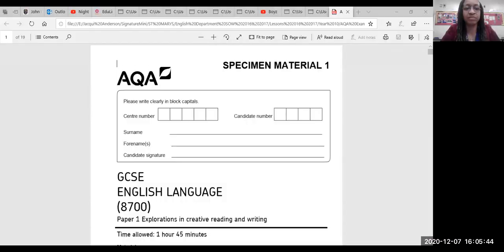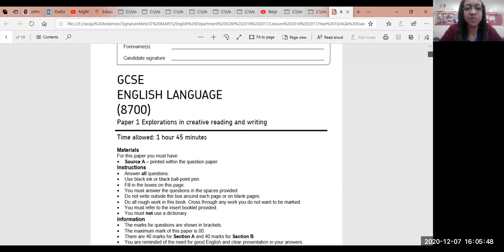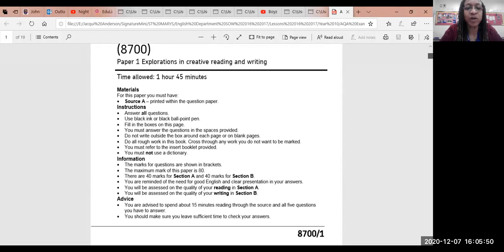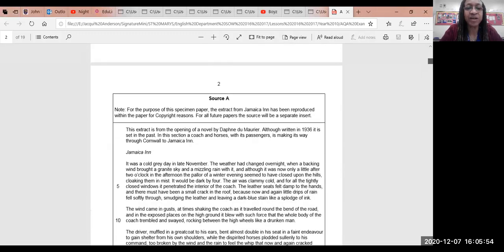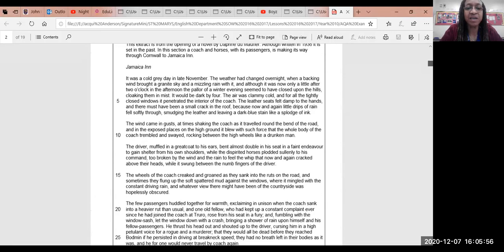Right, so what I'm going to do is share screen this paper. If you bear with me, I'll put it on the screen now for you. As you can see, this is the specimen paper. It tells you you have the 1 hour 45 minutes, and then this is the extract from Jamaica Inn.